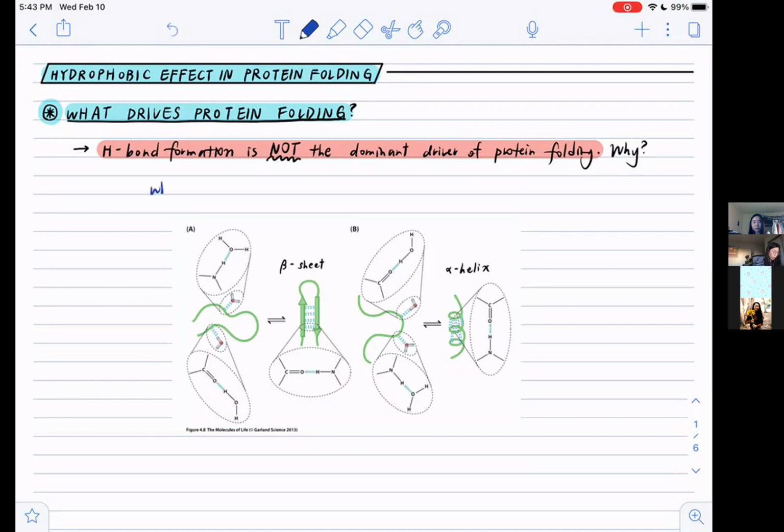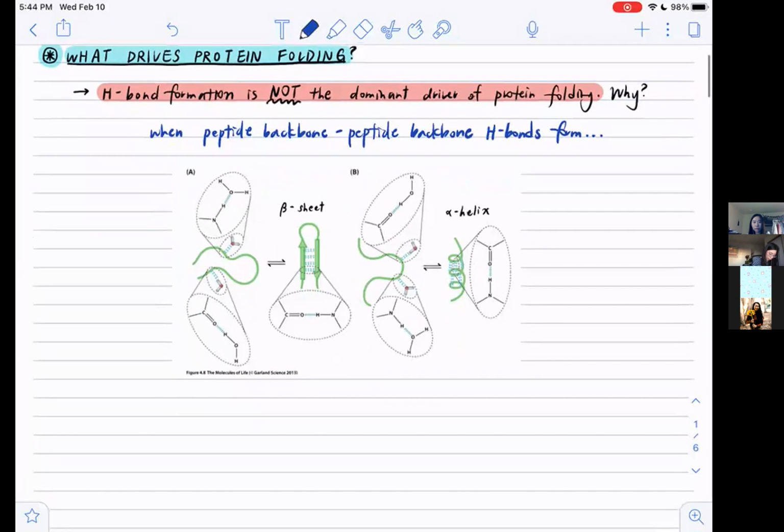Well, when peptide backbone to peptide backbone hydrogen bonds form, if we look at this diagram below, it depicts the formation of hydrogen bonds between different regions of the peptide backbone in order to give rise to secondary structure.